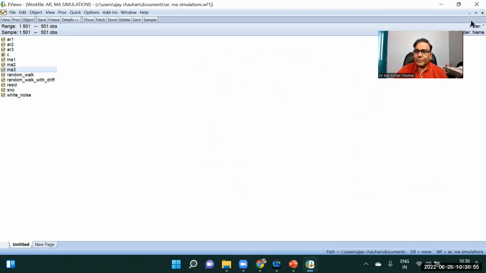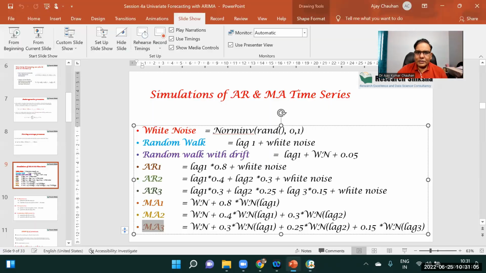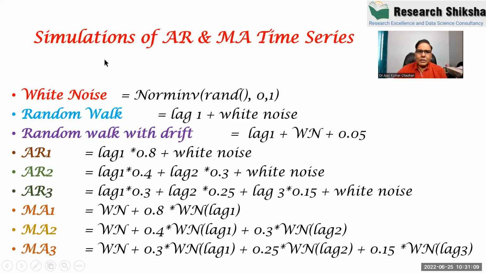Now we are going to combine them. So let's go back to the PPT. I simulated all the terms: AR1 series, AR2 series, MA1, MA2. These are idealistic series, and they have very clear partial correlation and autocorrelation. But in practice, we never have these clear terms. We have mixed series.